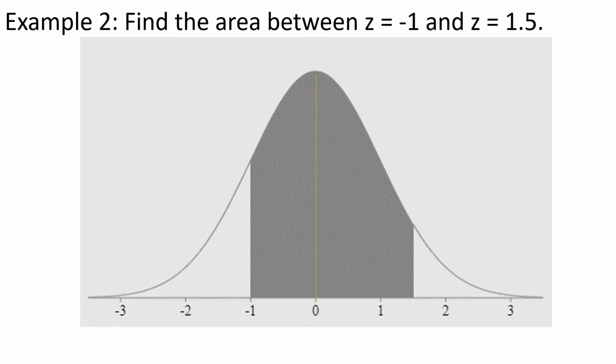The area from 0 to positive 1 is the same as from -1 to 0 because they have the same interval. So if you would like to get the area from -1 to 0, that is the same as from 0 to 1 in the z-table.